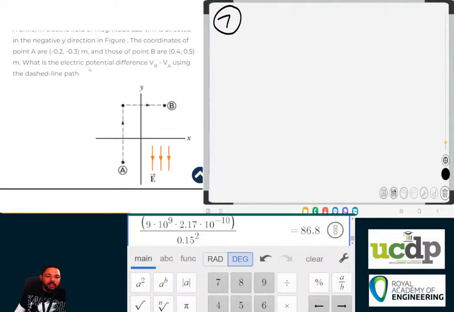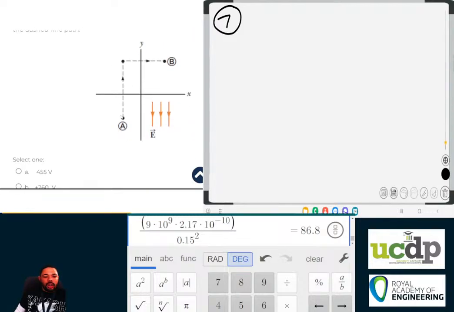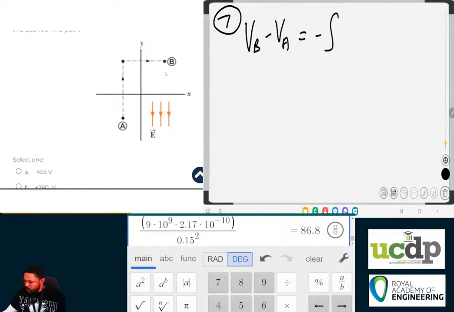Now what is the electric potential difference VB minus VA using the dashed line path? So if we were to move in that direction, VB minus VA is equal to the integral along the path from A to B of the electric field with respect to the distance.